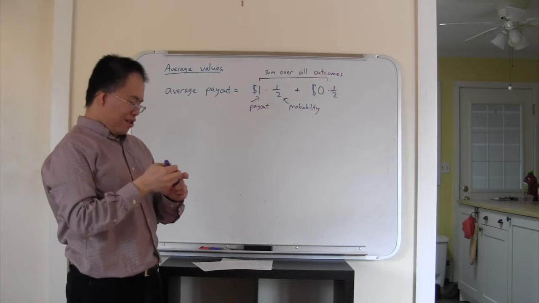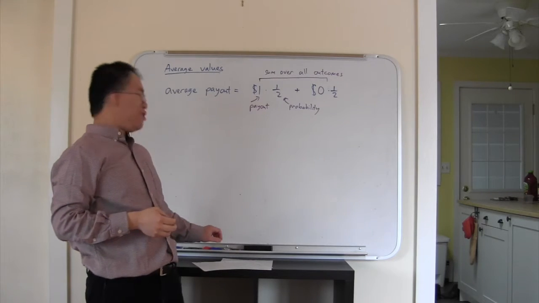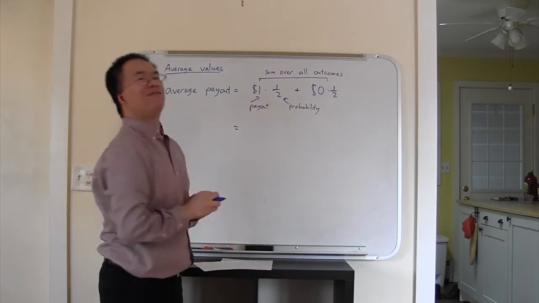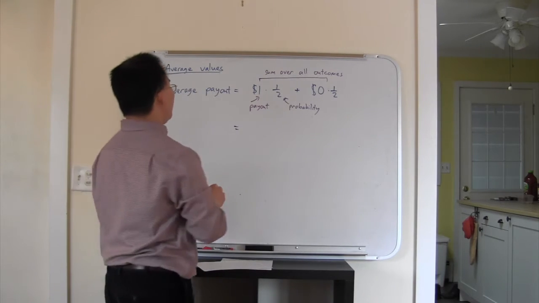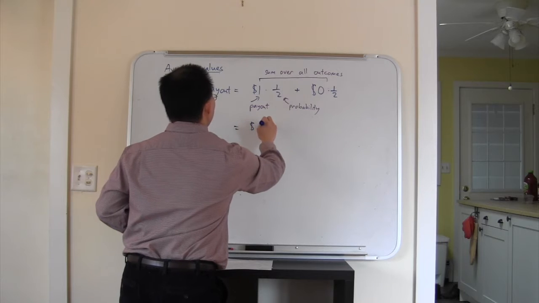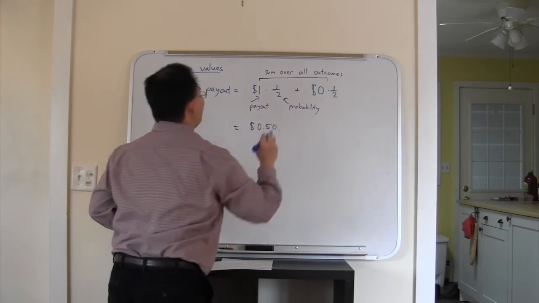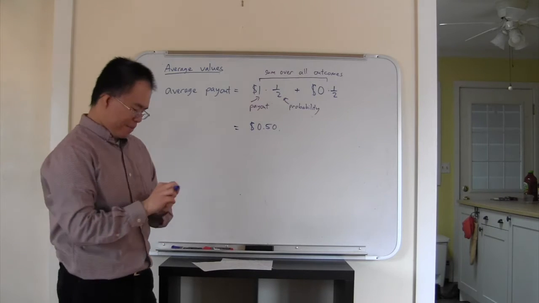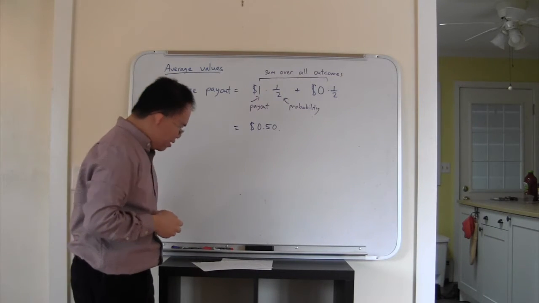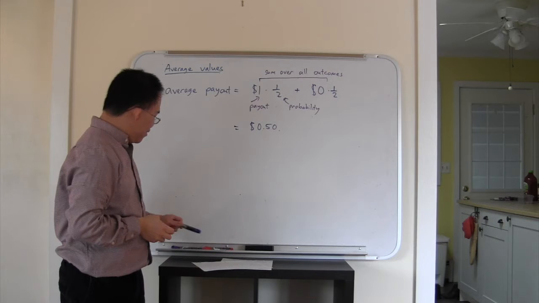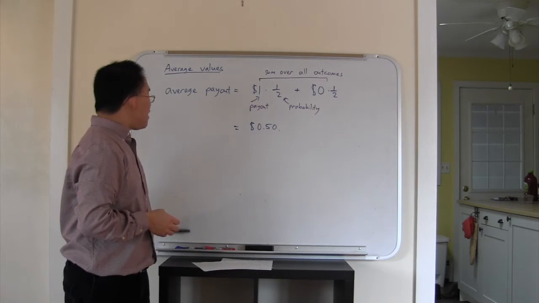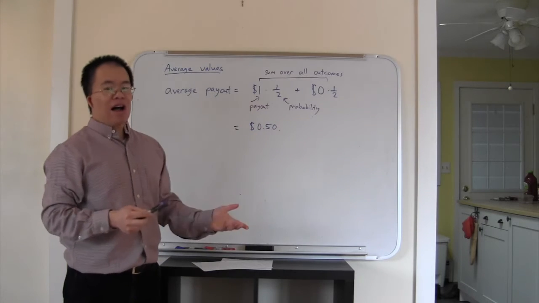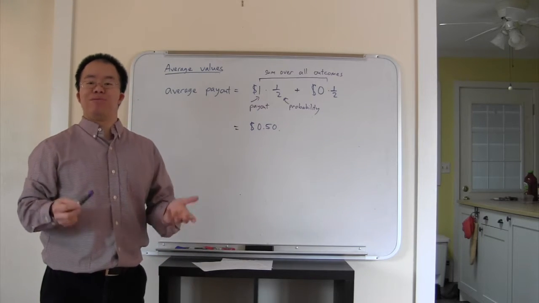Now, in this case, the arithmetic is straightforward, and if you do the math, you'll find that the average payout here is 50 cents, which probably jives with what you might expect. Now, there's one interesting feature of this. Notice that the average payout here is not an actual amount you could get.